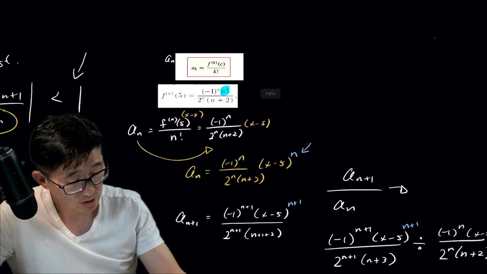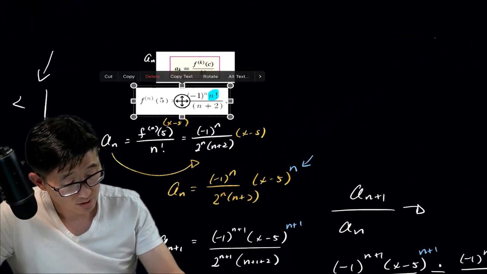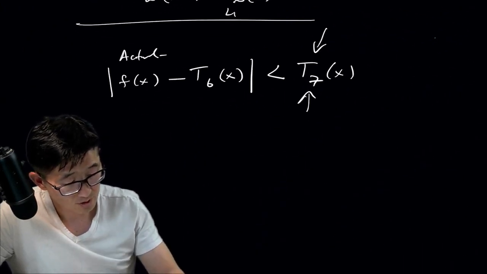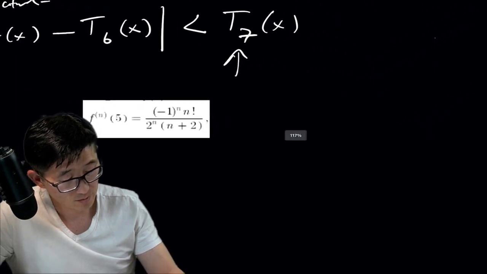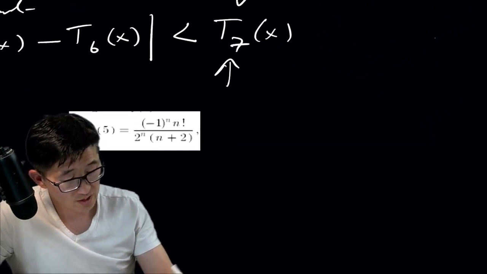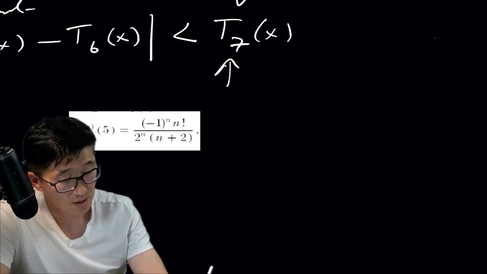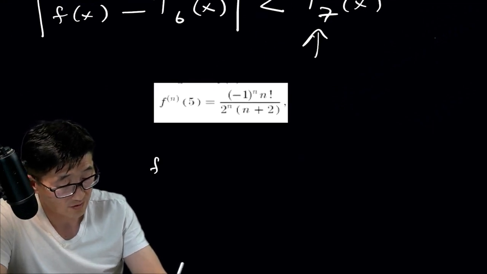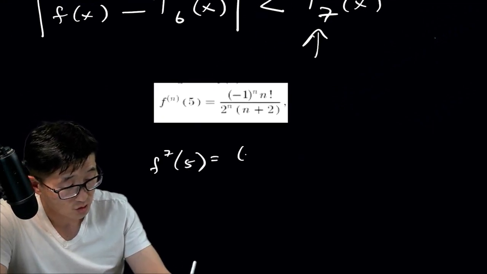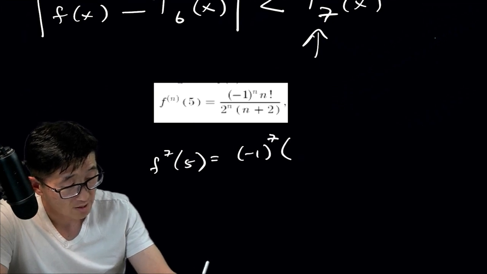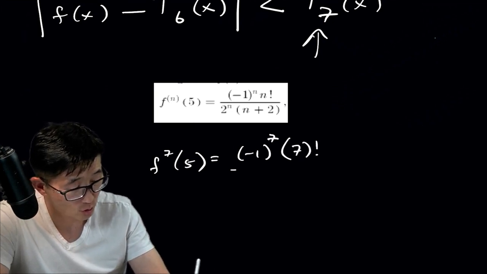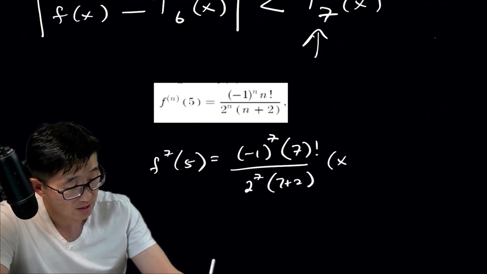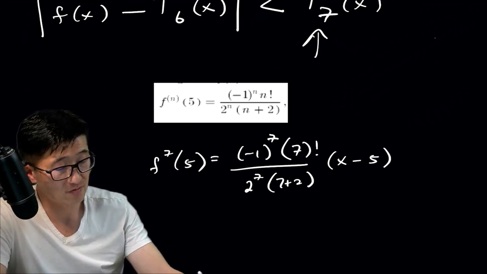So we're going to use this equation again. Let me see if I can copy it over so I can take a look at it. Okay, so we want to find our 7th Taylor series term. So again, f of 7th at 5 equals -1 to the 7th power, 7 factorial over 2 to the 7th, 7 plus 2, and the center is at x minus 5, okay?